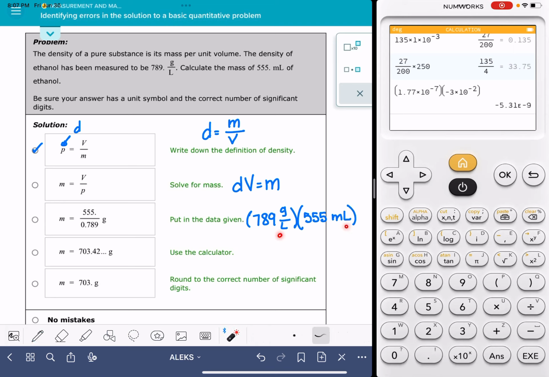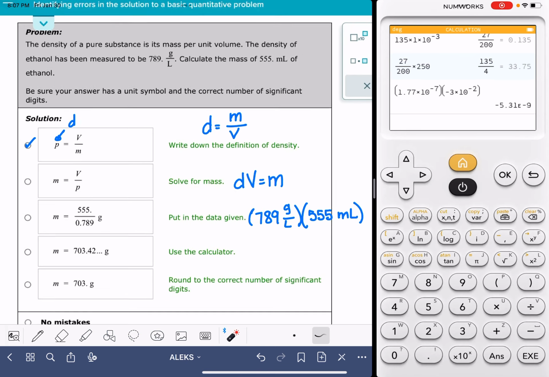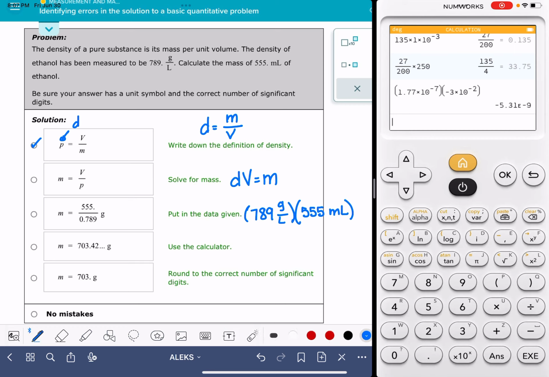I've got a liter and a milliliter going on. So at some point, somewhere, there needs to be a unit conversion. It looks like in this problem, ALEKS is converting the density unit, because the numbers are not exactly the same. But it's not even talking about that anywhere. Now, again, that doesn't make the problem wrong. It makes it a little bit annoying, but it's not wrong.